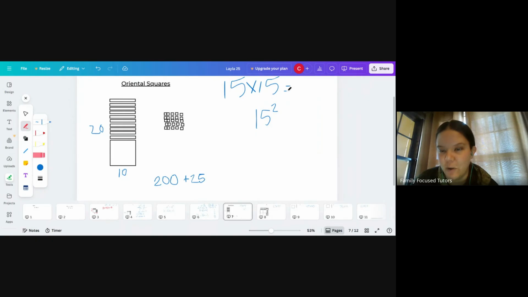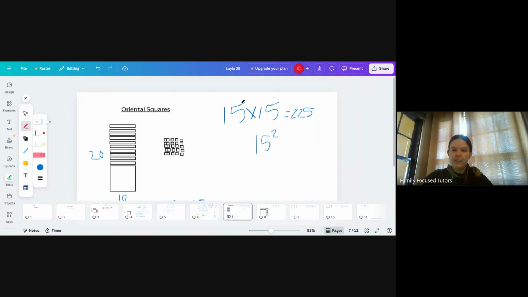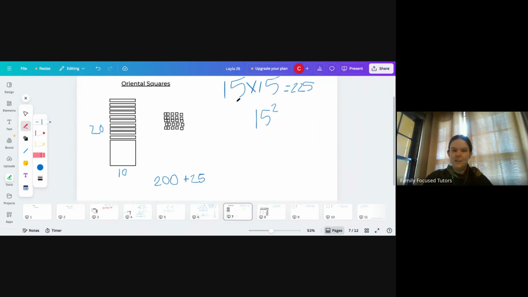So our answer is 225. So what we did is we took 5 from one set and moved it to the next one. So we did 10 times 20, but then we're left with that corner square, the 5 times 5. And that gives us 225.